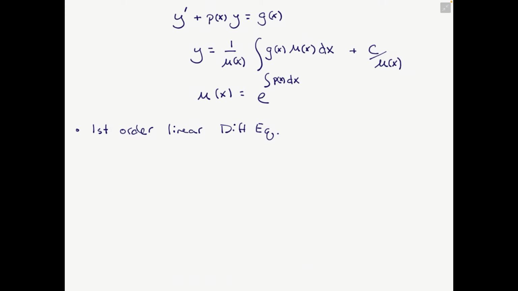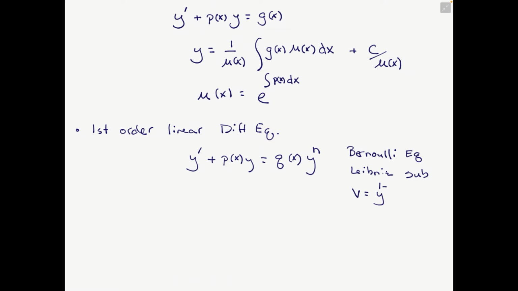Then we had looked at y prime plus p of x, y equals q of x, y to the n. Now this was called a Bernoulli differential equation, and we could use a Leibniz substitution, which is v equals y to the 1 minus n.